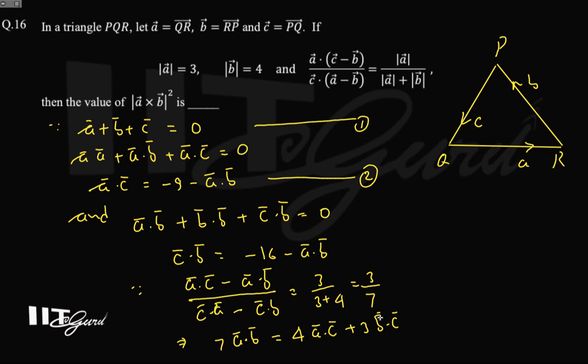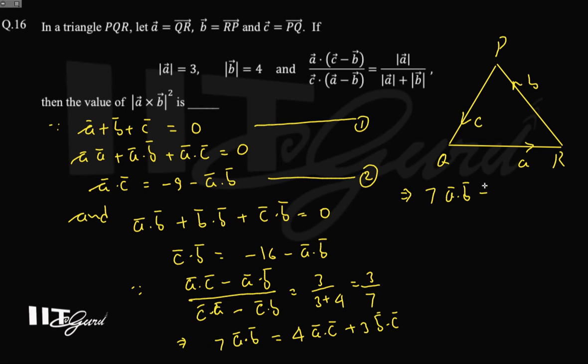Okay, fine. So what we conclude over here is 7 times A dot B minus 4 A dot C. What is the value of A dot C here?